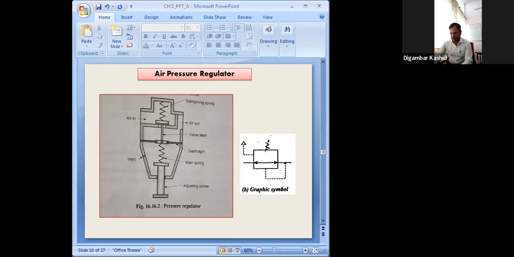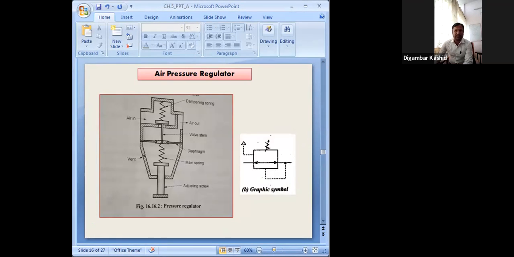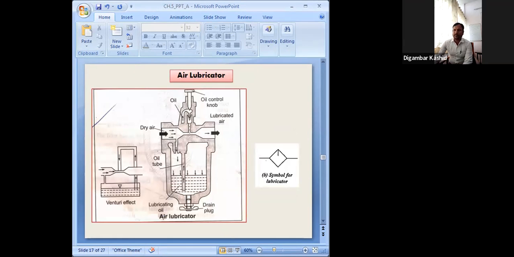Then the last unit, that is the air lubricator. Please remember this symbol. This is the symbol of the air pressure regulator. Then the air lubricator. Now what is the function of the air lubricator?